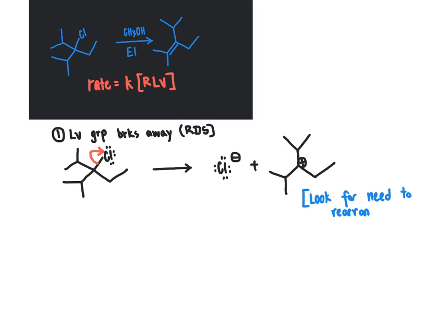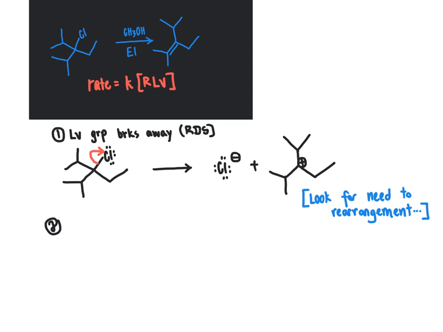In other words, can we move a proton or a methyl group over by one spot toward that carbocation in a 1-2 shift in order to make a tertiary carbocation out of a secondary carbocation? If so, that's energetically favorable and you would want to do that. Not necessary in this particular example, so don't do it.